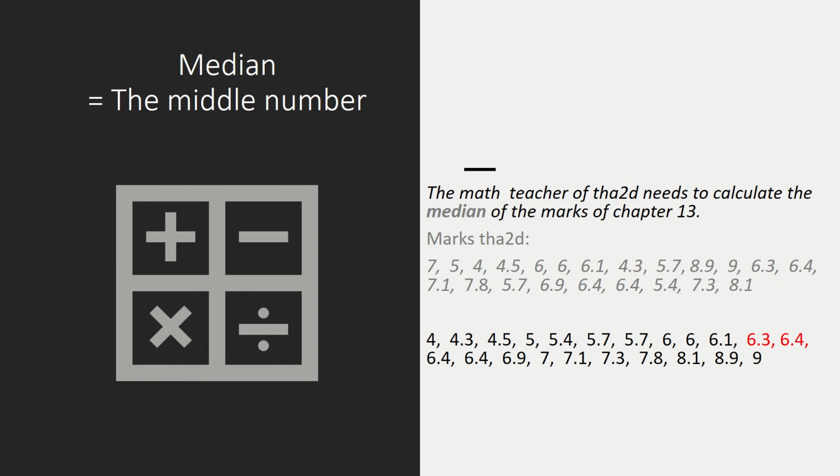So you add those two numbers, 6.3 plus 6.4, and you divide it by 2 because you want to know the average of your median. You see that your answer is 6.35. However, you always round a mark to one decimal place, so 6.4. Again, your conclusion: the median is 6.4.